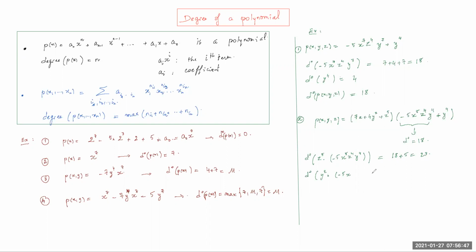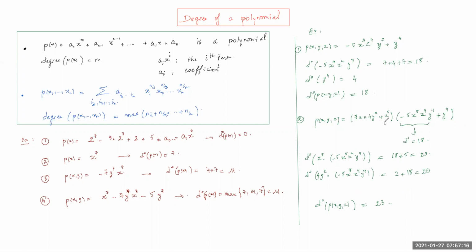For example, 4y^2 times minus 5 x^8 z^4 y^4, I will get a degree of 2 plus 18, which is 20. So it's clear that the degree of my expression p of x, y, z will be 23. So this one is dominant.